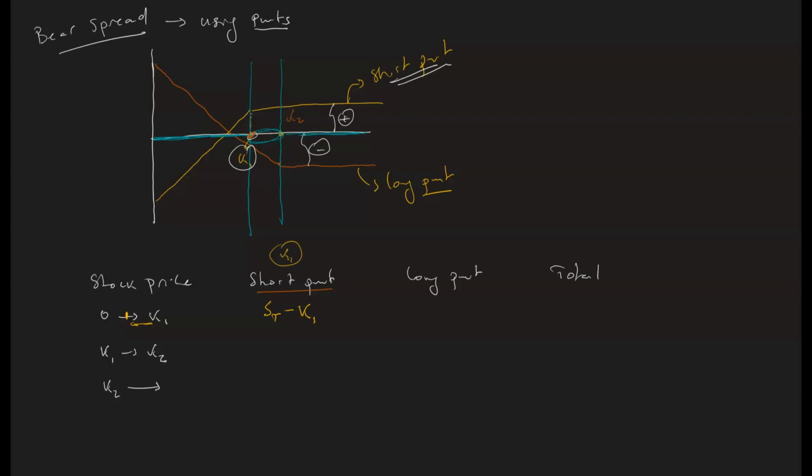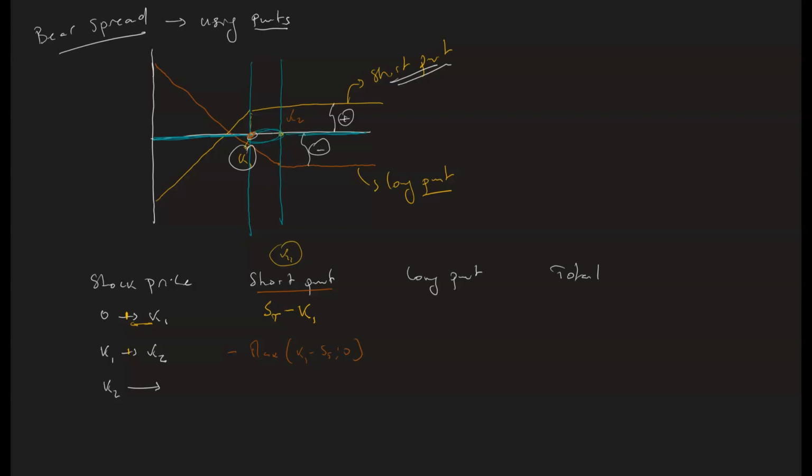Now, if the stock price is between K1 and K2, that is, if the stock price is right in the middle here, what are we going to have on the short put? Well, the stock price is between the two. What do we have? Same thing. Minus the maximum of K1 minus the stock price and 0.